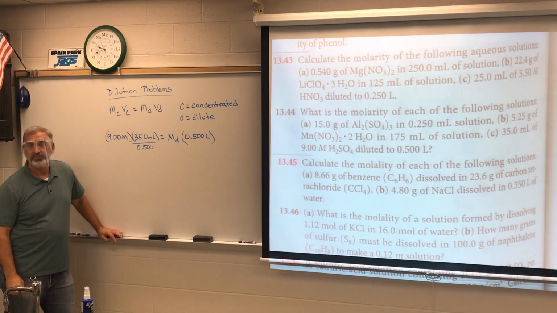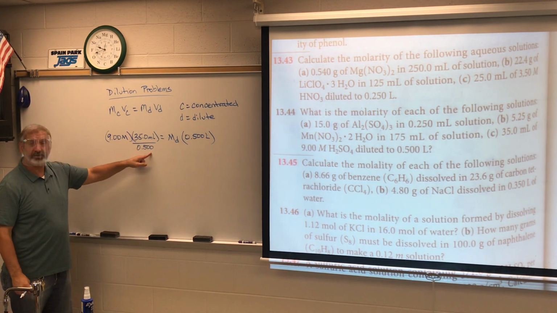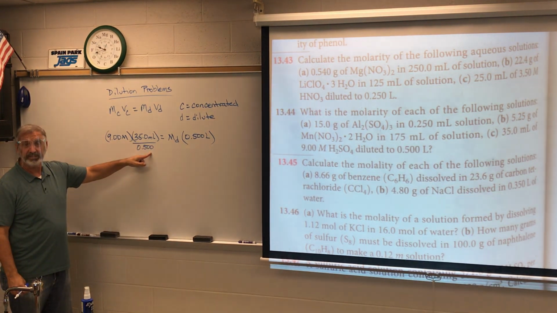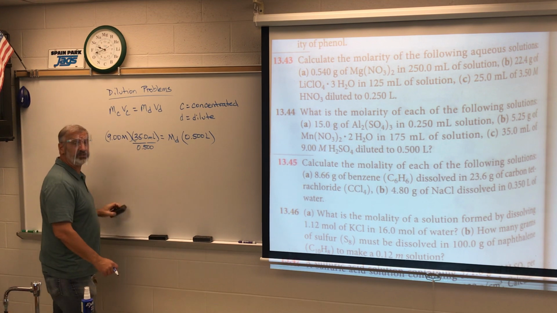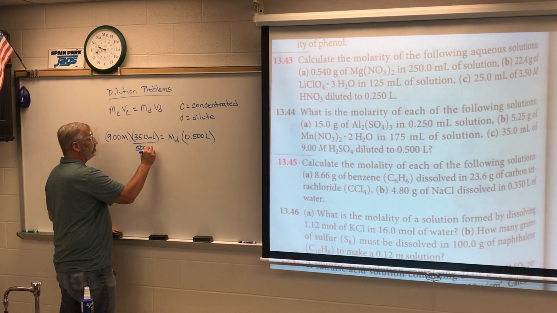Why can't I just divide by 0.5? It's not, you got milliliters here, and I was going to liters here. Okay? They have to be the same unit. Now you can take the milliliters to liters, or you can take the liters to milliliters. I'm going to take liters to milliliters and say 500 milliliters.